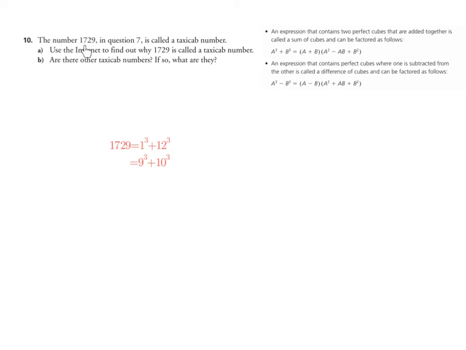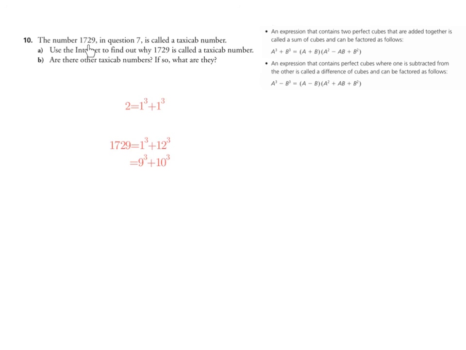Well, yeah, the number 2 is a taxicab number, because 2 can be written as 1 cubed plus 1 cubed, and it's the lowest number that could be expressed as 2 cubes. 1729 is the next taxicab number because it's the lowest number that could be expressed as 2 cubes in 2 different ways.